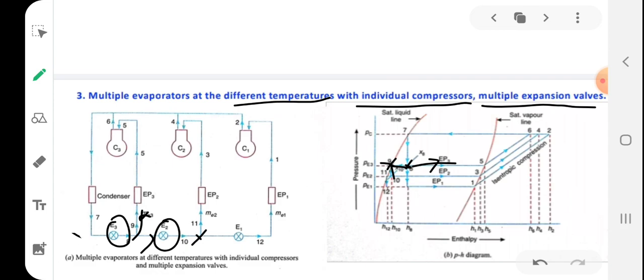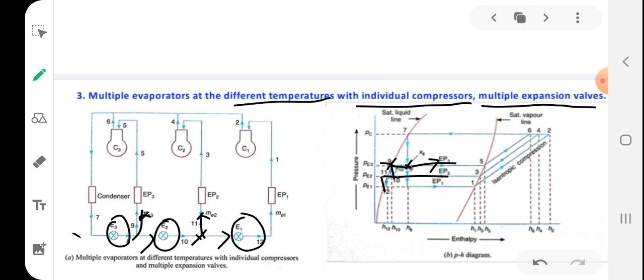All the vapor formed after leaving E2 will move to evaporator 2, and the remaining refrigerant moves to the next expansion valve E1, where its pressure again gets reduced. Here again a splitting takes place, and in this process 11 to 12, expansion takes place from PE2 to PE1, the evaporator pressure of the final evaporator.